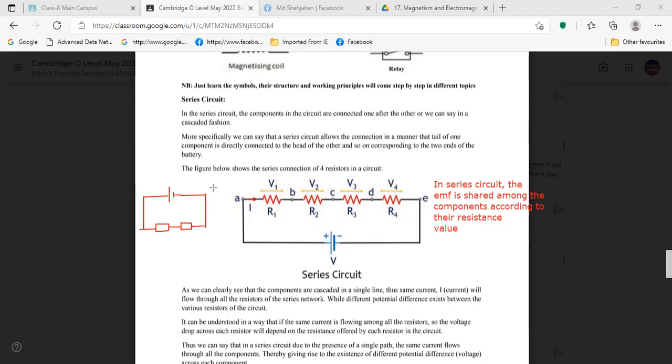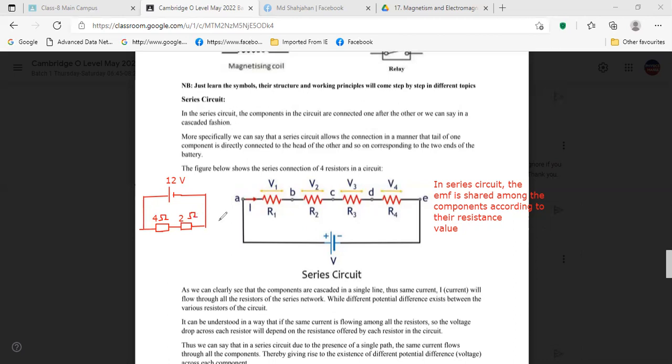So here 2 resistors. One of the resistors has 4 ohms. Another one has 2 ohms. Okay. Symbol of ohms. You know this symbol, right?